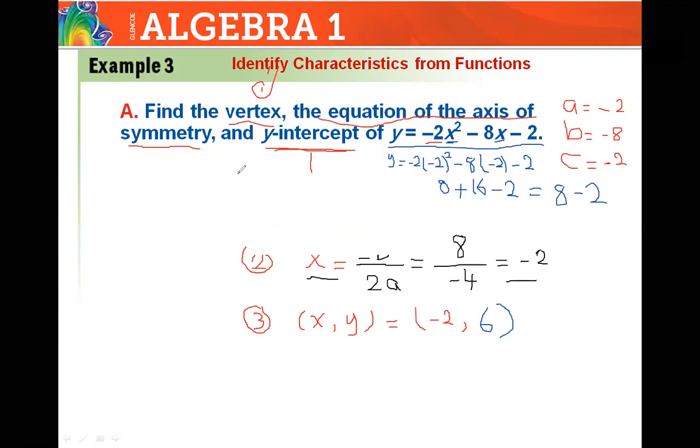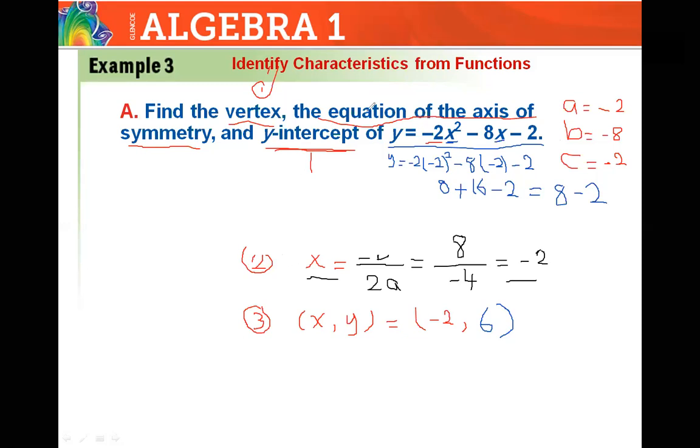We don't have a graph, so we can't use the graph to get these requirements. We use the equation. From the equation, we deduce that the y-intercept is represented by c, and c here equals negative 2, so the y-intercept equals negative 2 directly.